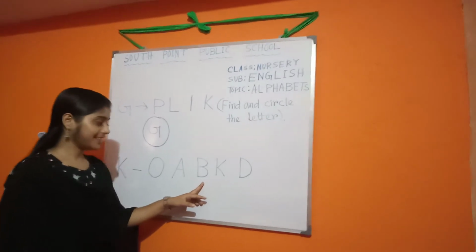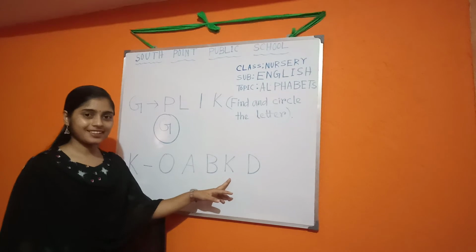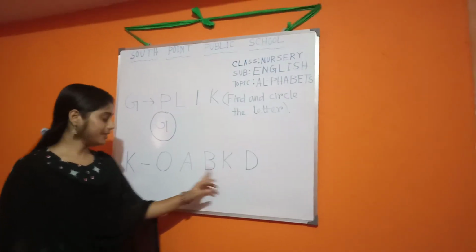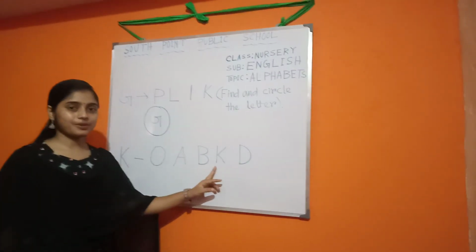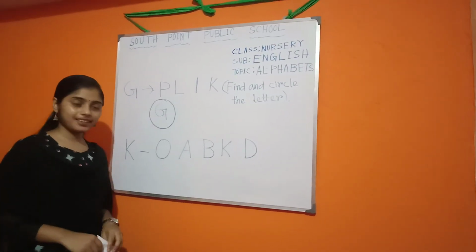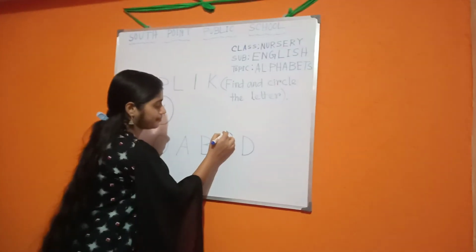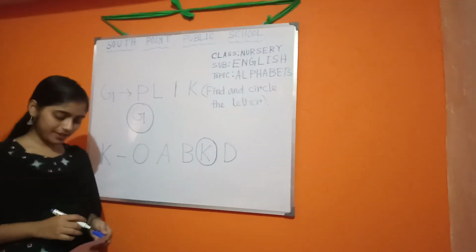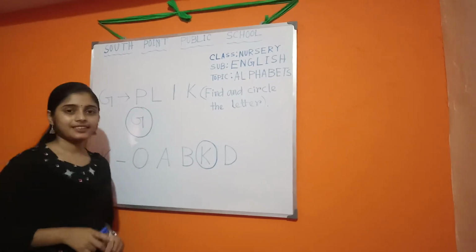No, it is B. Is it? Yes, it is K. Look, the two letters look the same. So, it's the correct letter. Now, you have to circle this letter. Okay? Clear?